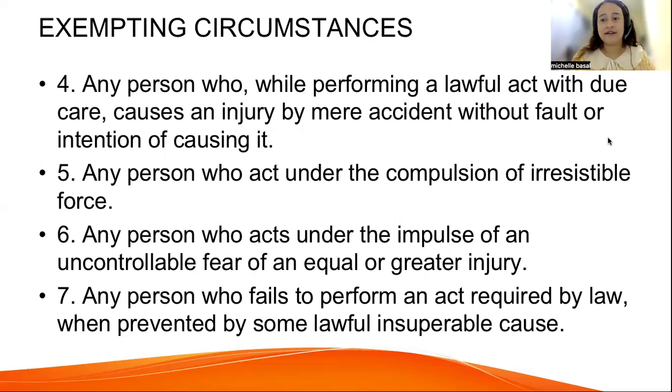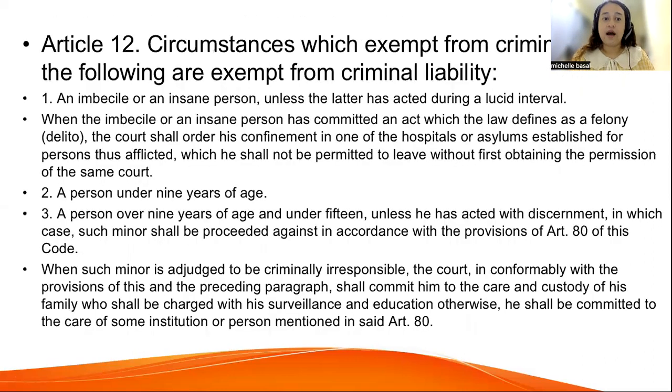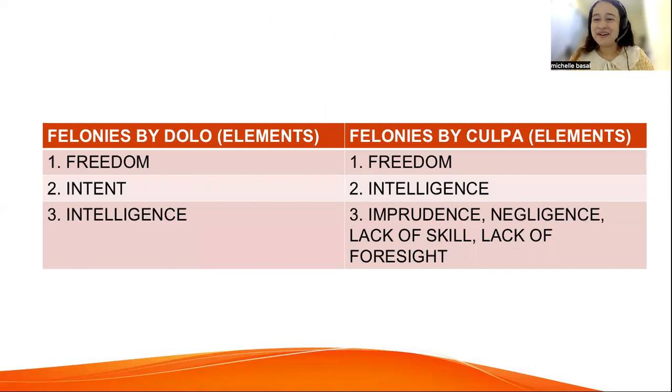So here, without fault or intention means that he did not intend to produce such injury, but nonetheless, the injury is still produced. With the absence of intent, a person cannot be held liable for the commission of that crime because of the absence of intent.